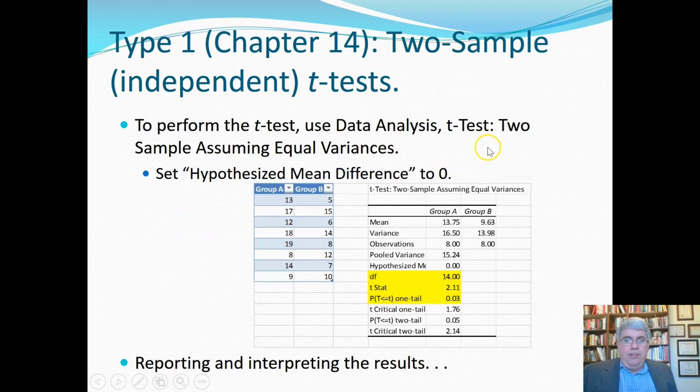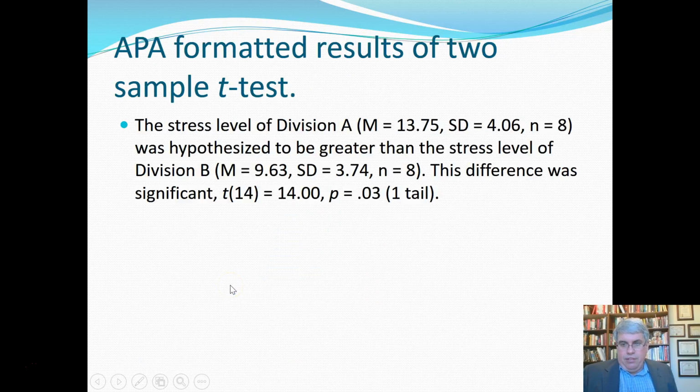The way that we're going to do this is we're going to use the Data Analysis tool, the t-test, two samples assuming equal variances. Since we have two independent samples, people aren't related to each other, we're going to use that, and then we're going to report the results.